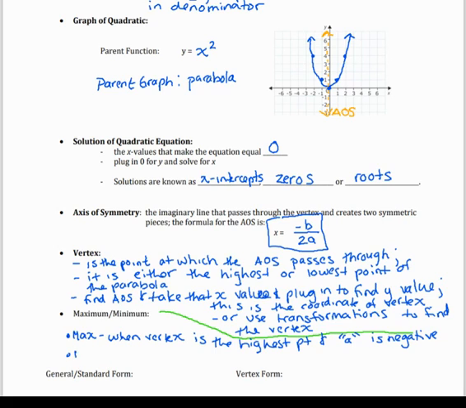Our minimum is when we have a vertex that is the lowest point, and therefore the graph opens up, so a is positive. There was no reflection.